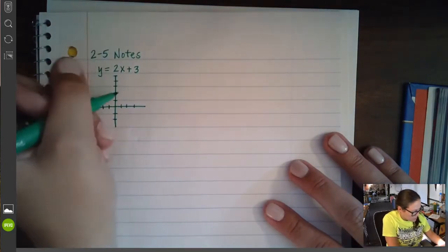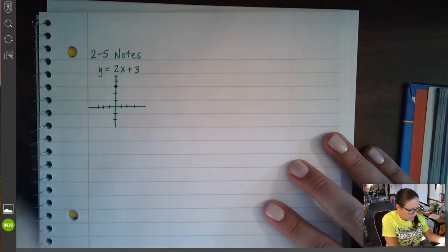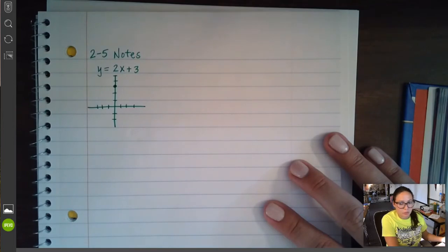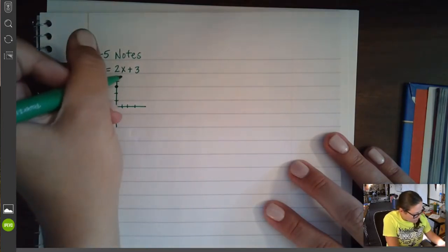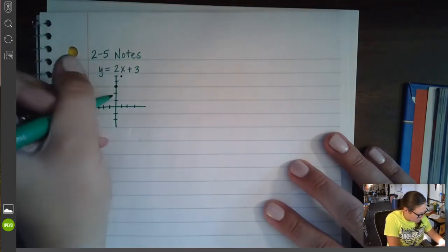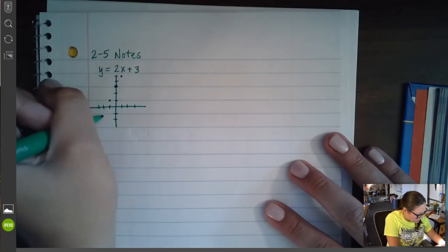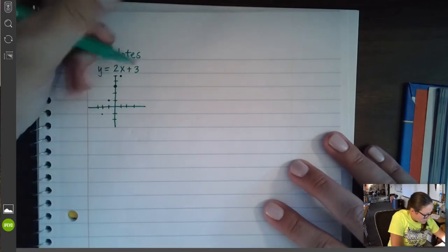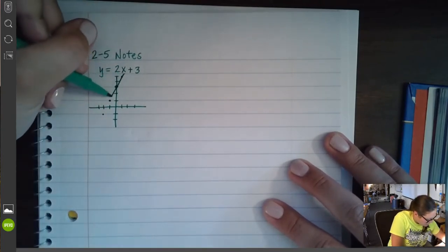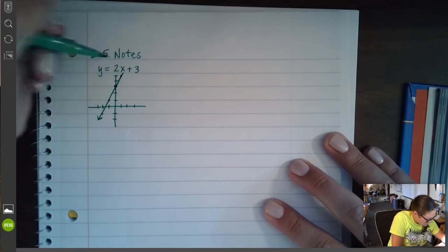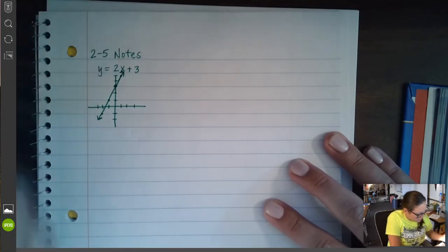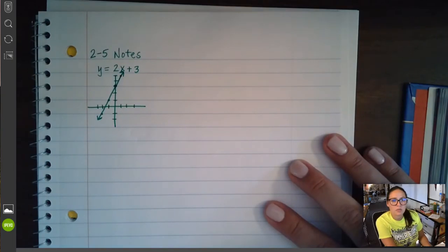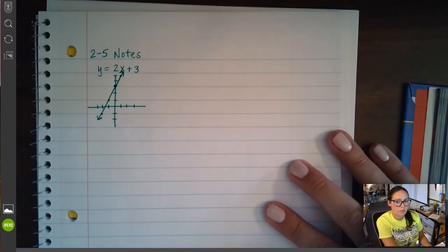Okay, 2x plus 3. I'm going to put my y-intercept at 3, go up 2 over 1, put a couple points this way, and then draw my line. Okay, so there's y equals 2x plus 3.